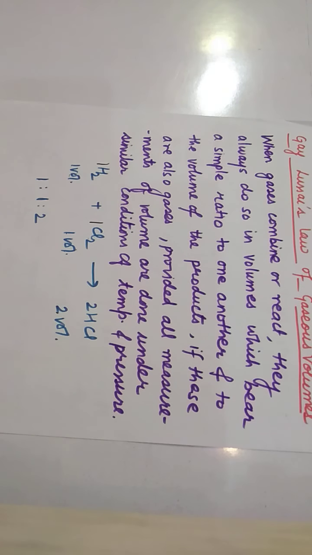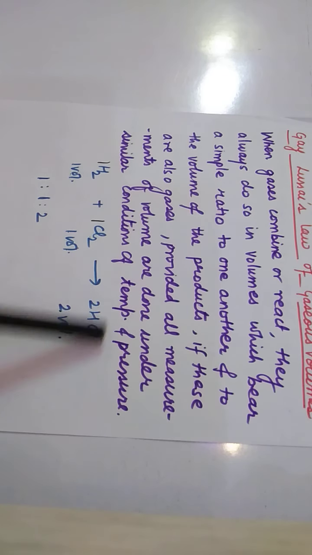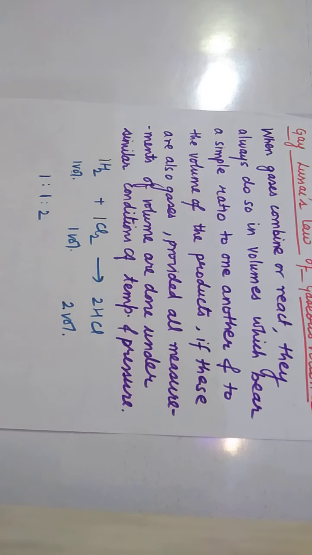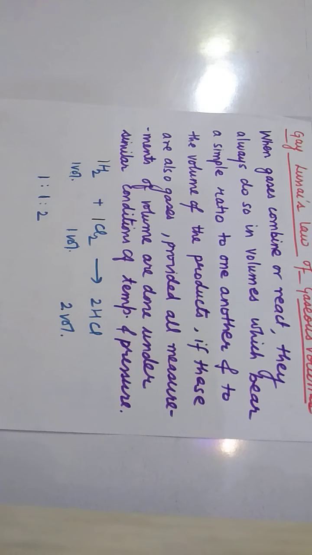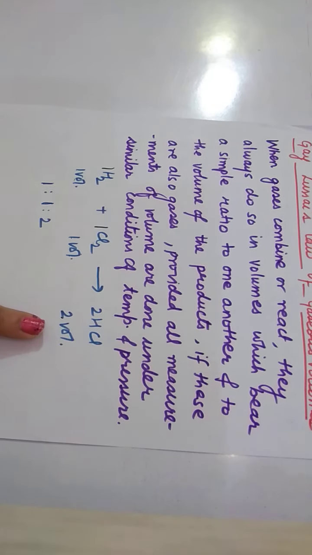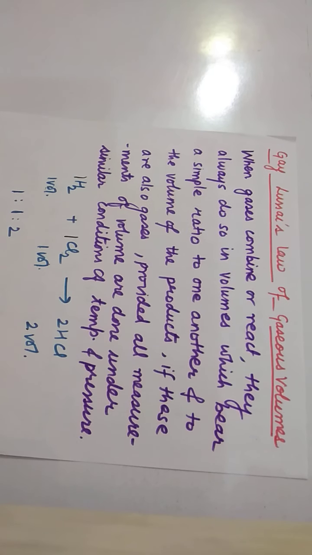But the condition is that all measurements of volume are done under similar conditions of temperature and pressure. You have to carry out the reaction under similar conditions of temperature and pressure. So this is what Gay-Lussac's law of gaseous volumes illustrates.